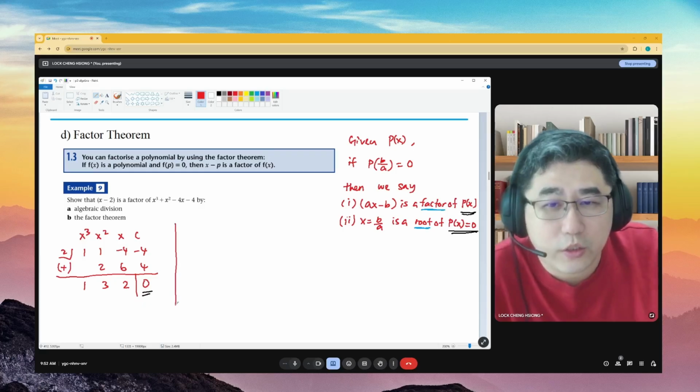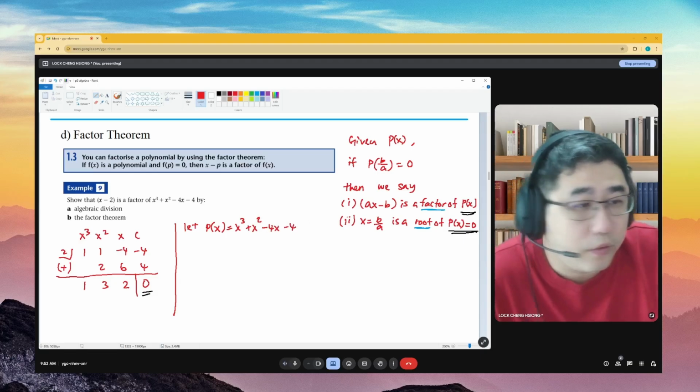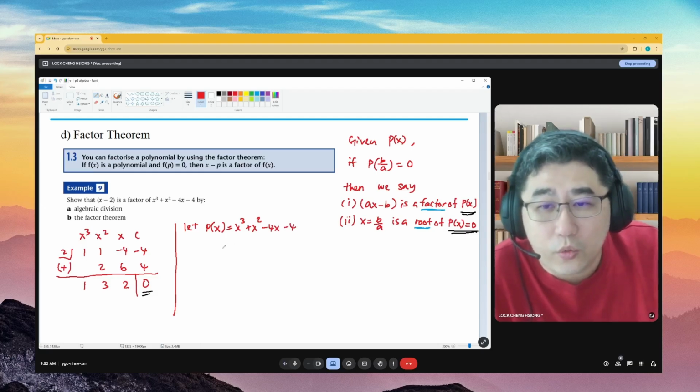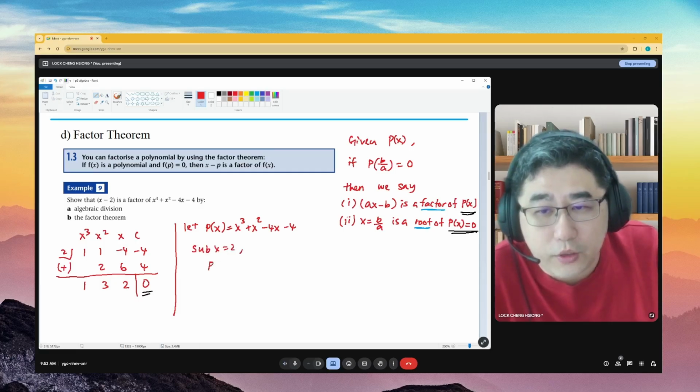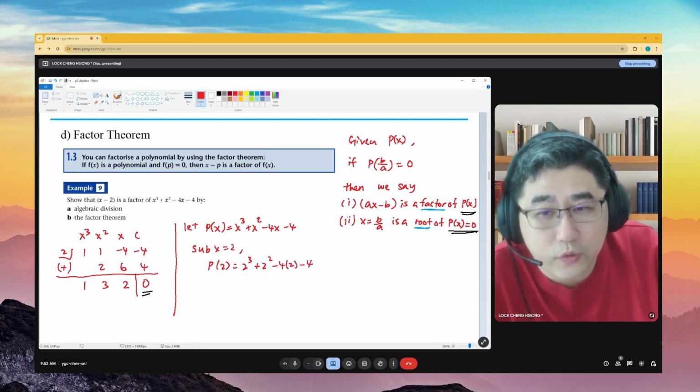So how do we actually do a factor theorem? First we let p(x) equal x cubed plus x squared minus 4x minus 4. Then we sub x equals 2. So p(2) equals 2 cubed plus 2 squared minus 4 times 2 minus 4.